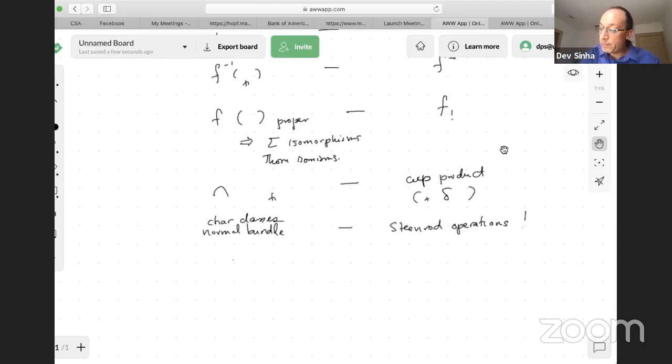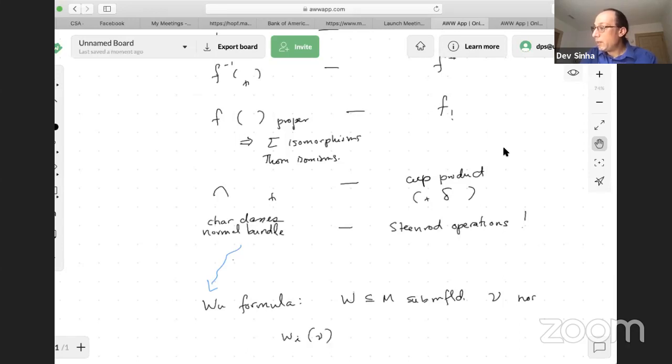namely the Wu formula, which says that if W is a submanifold, and nu is its normal bundle, then the way I'm going to put it is, if I look at the Stiefel-Whitney classes of the normal bundle, and then I look at the induced map.